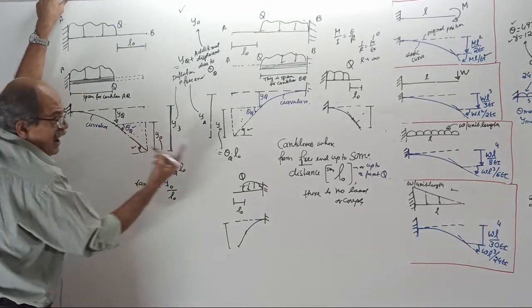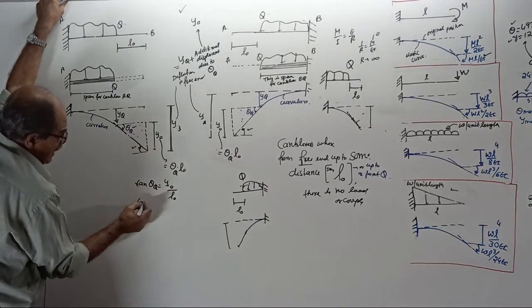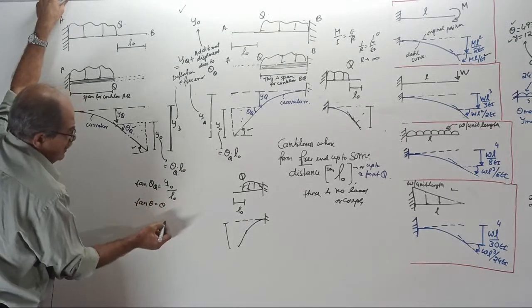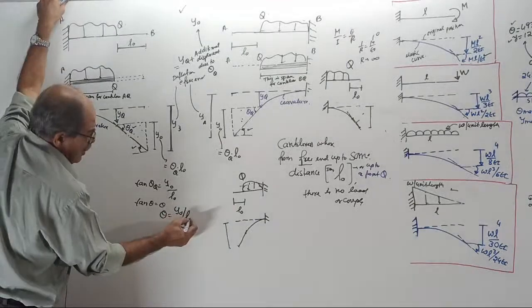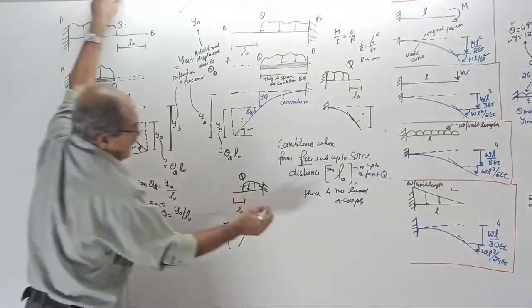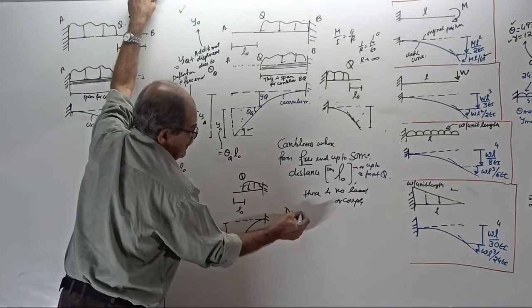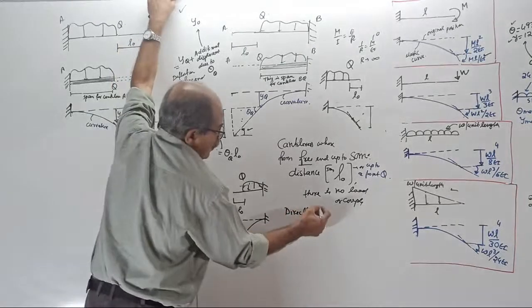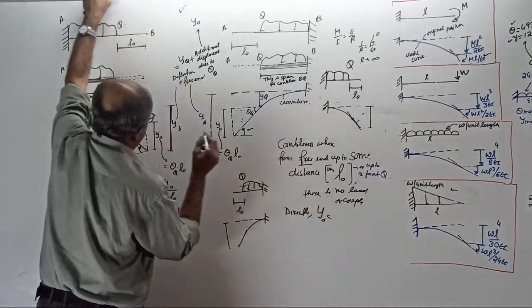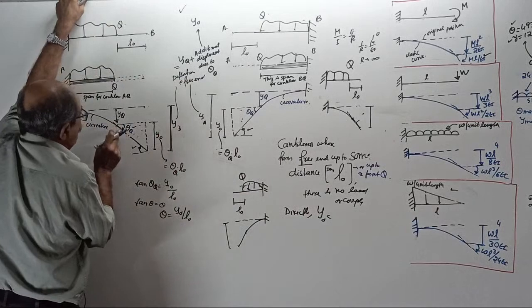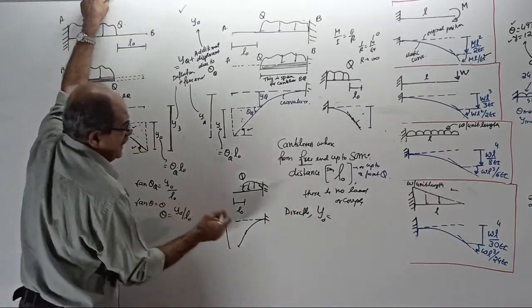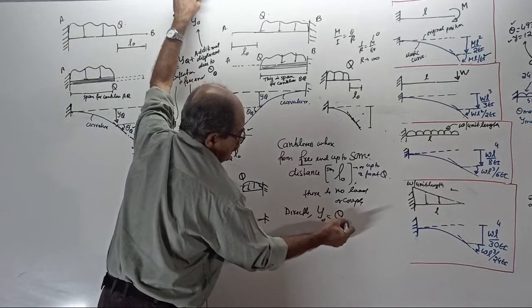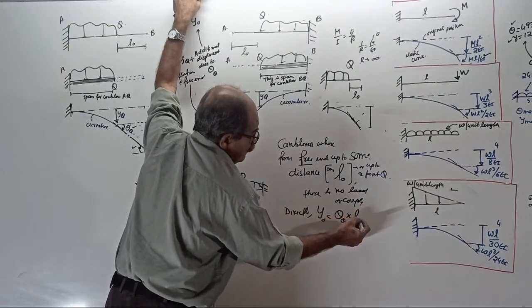But we always take tan theta equal to theta. Therefore, theta equals y naught by L naught, or directly you can tell y naught equals theta q into further length.